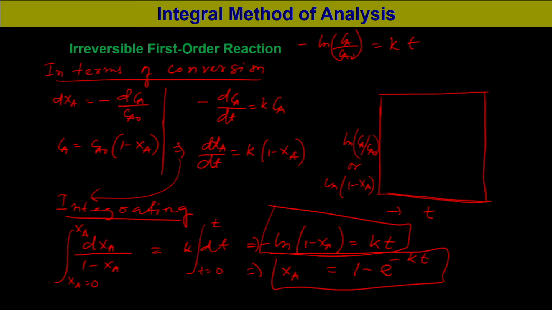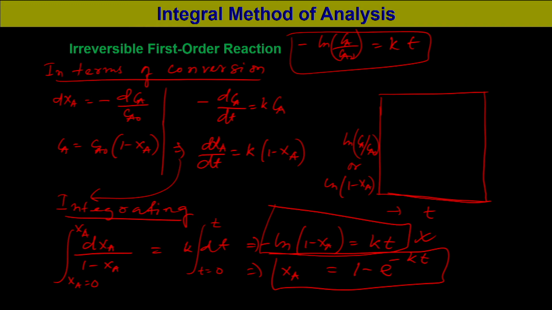So, if we plot ln C A by C A naught versus t in this expression, as you can see, it will lead to a straight line with a slope k. Similarly, from this expression, if we plot ln 1 minus X A versus t, we will get a straight line.